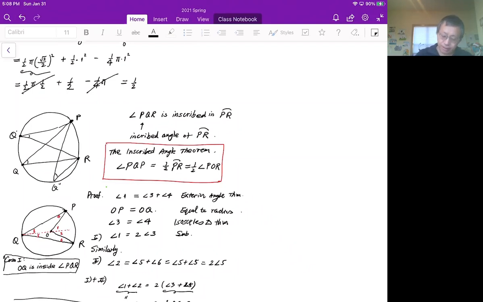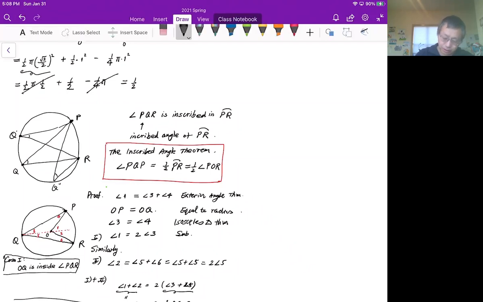Suppose this is angle 1, but I won't use 1, 2 again. Let me use alpha, beta, and gamma. Angle alpha, angle beta, and angle gamma are all inscribed angles to the same arc, right?